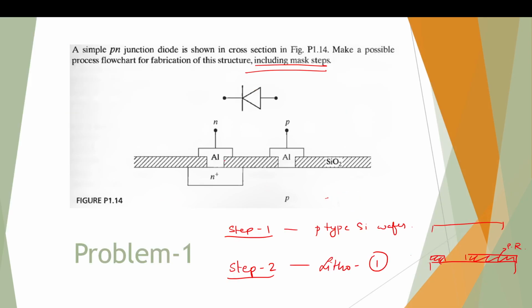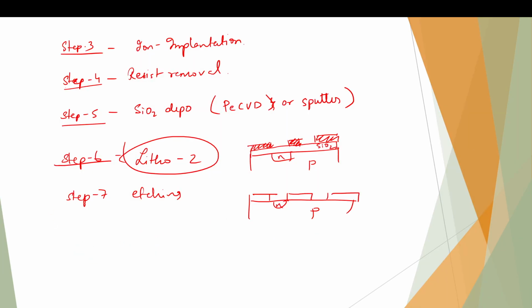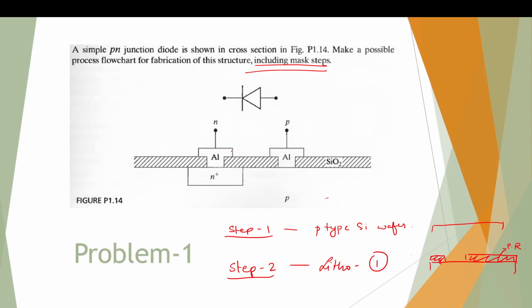Next what we need to do? Now we want to put the aluminium, right? So now for putting aluminium, again we don't want to put it everywhere, we want to put it at selected particular locations.